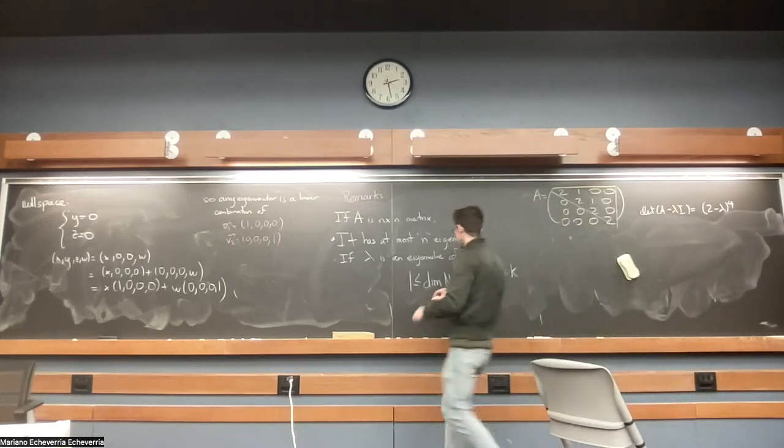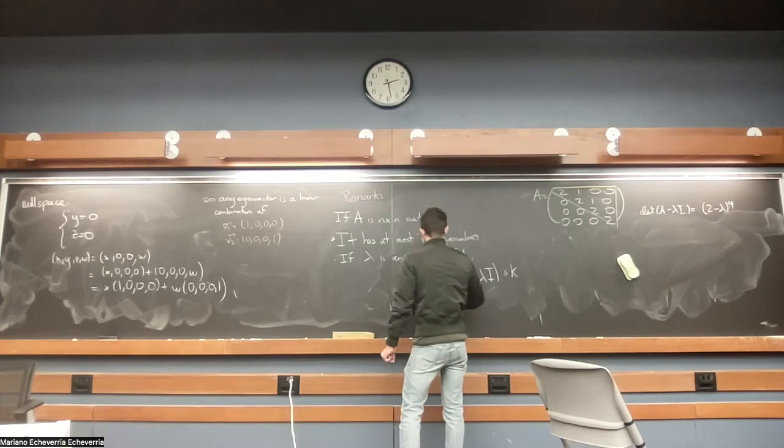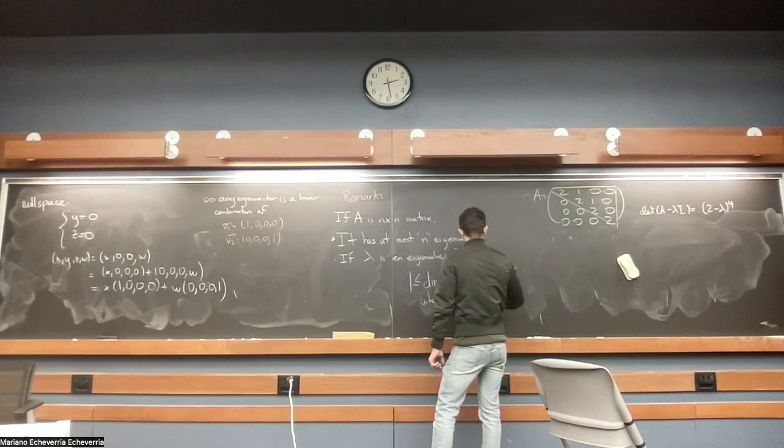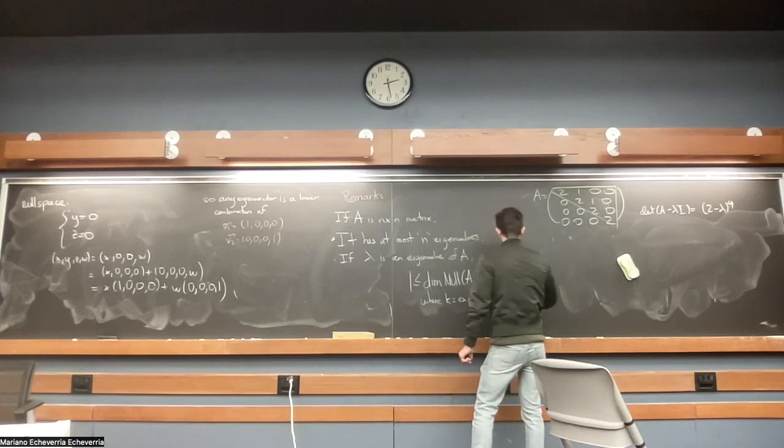K is the exponent of lambda in the polynomial.